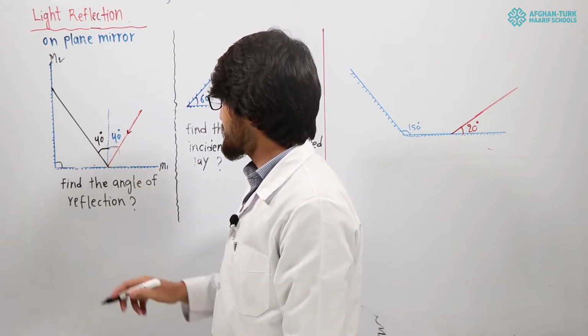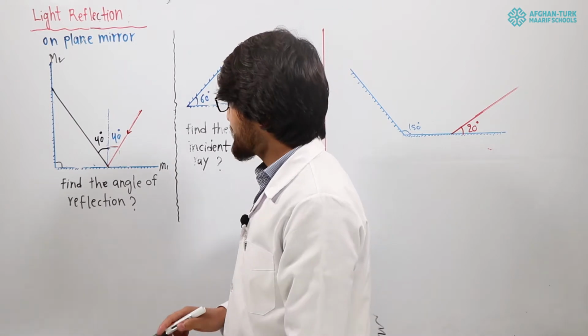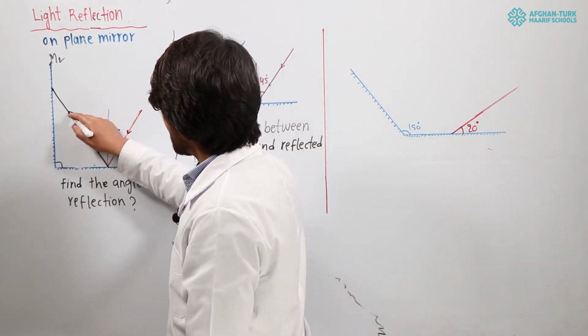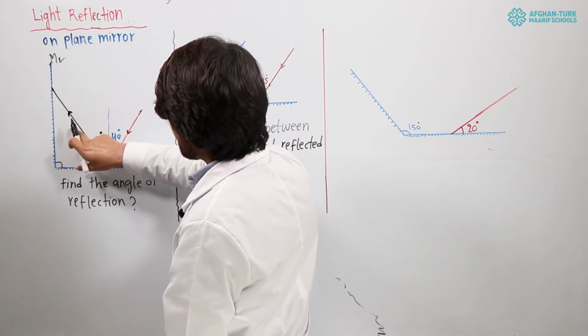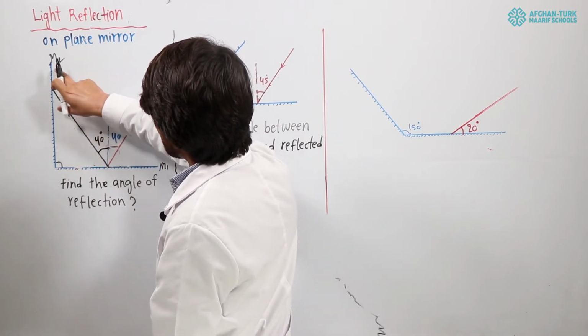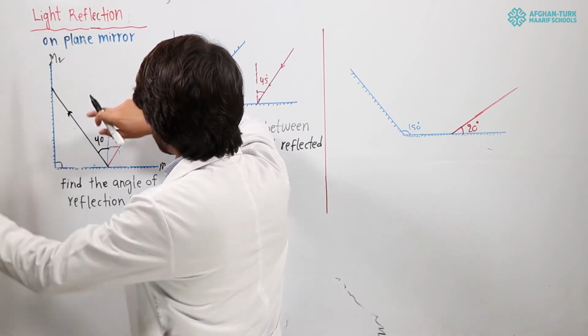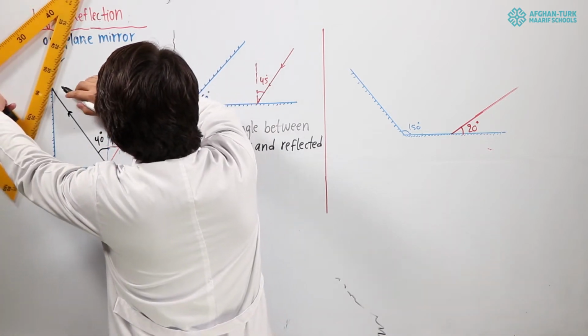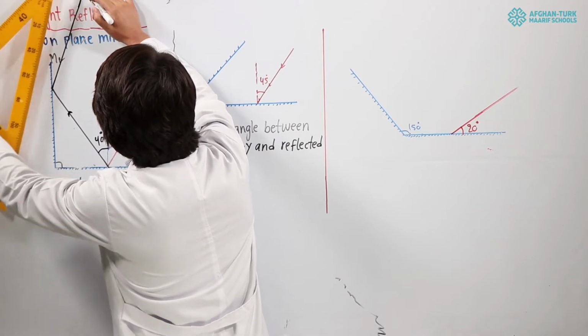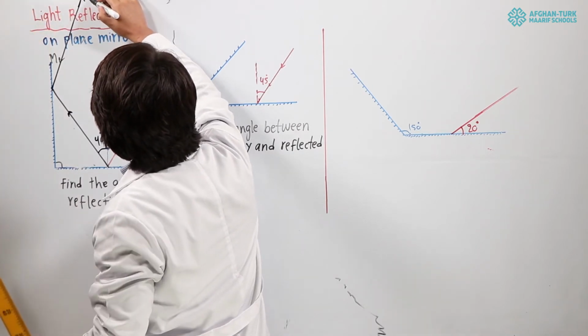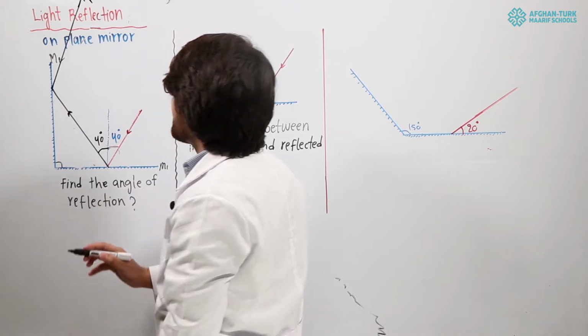This angle is also 40 degree, and also this ray strikes the M2 and then reflects from M2. This is the final reflected ray.